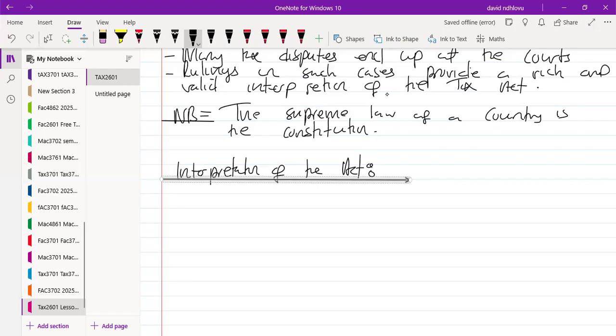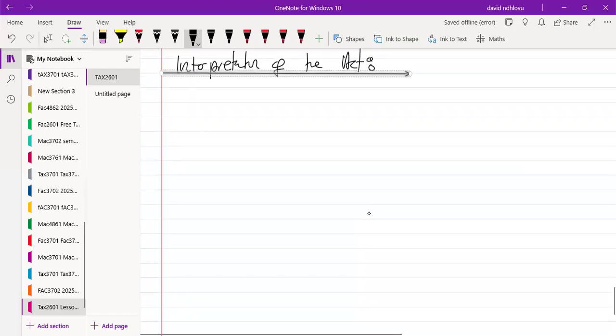You are wrong there. So these kinds of disputes arise that must be settled between SARS and the taxpayer. These are usually valid disputes because we have seen people take SARS to court and win, which means someone sitting in the office at SARS may have interpreted incorrectly. So tax legislation must be interpreted.